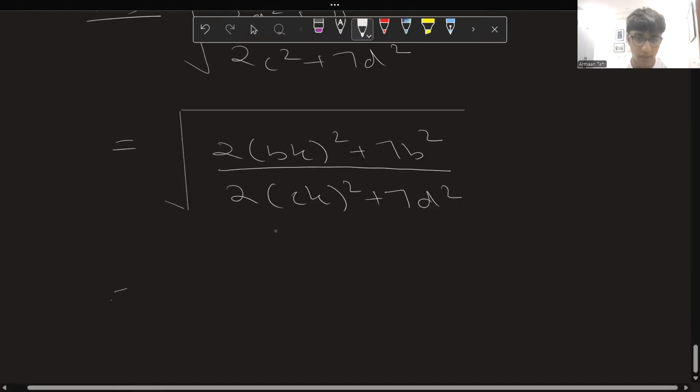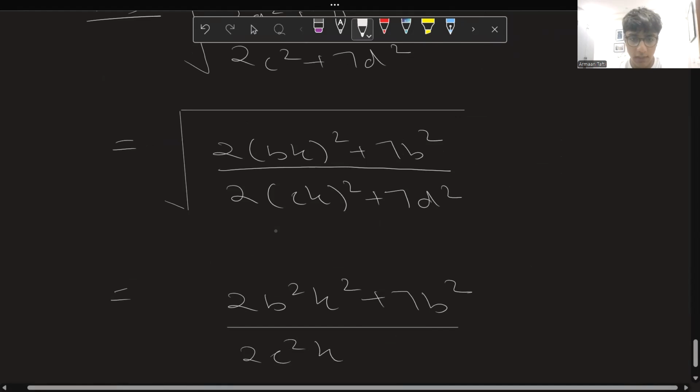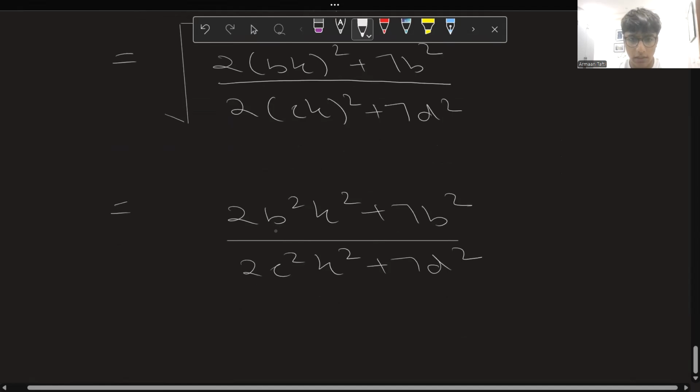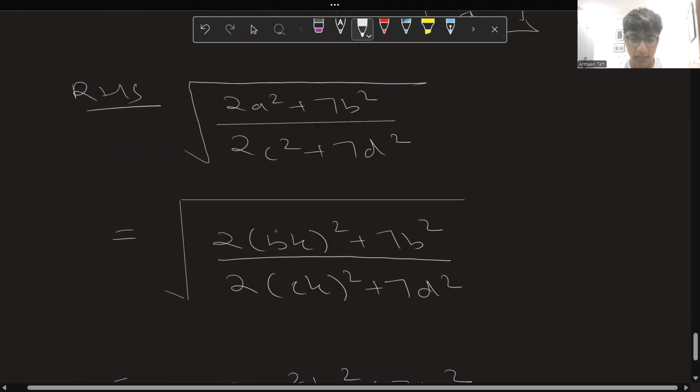Okay, and now if we simplify this, we get 2b square k square plus 7b squared divided by 2c square k squared plus 7d squared. Am I right? Yeah. Once again, it's not ck, it's actually dk here. C is equal to dk.